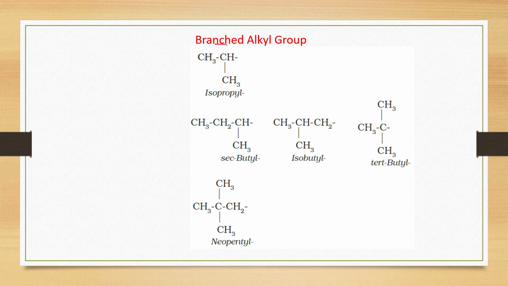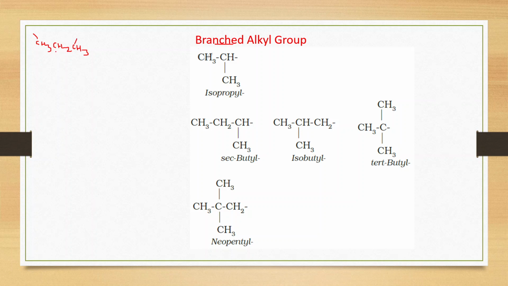Now branched alkyl groups. Again come to the formula of propane, CH3, CH2, CH3. Clear? If a hydrogen atom is removed from terminal carbon atoms, like from this one or this one, then whatever alkyl group is obtained is a straight chain alkyl group, and that is propyl.